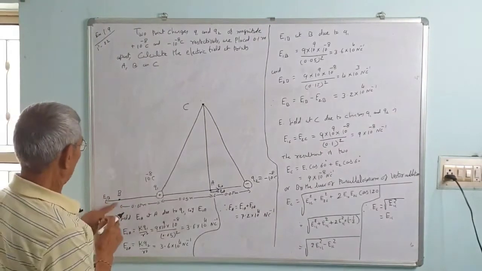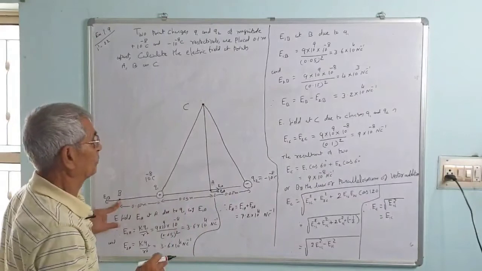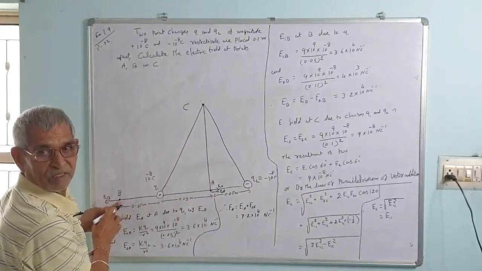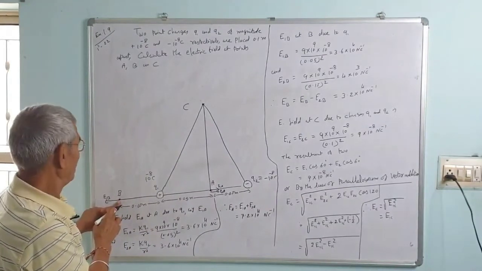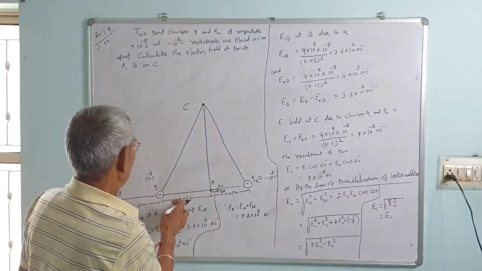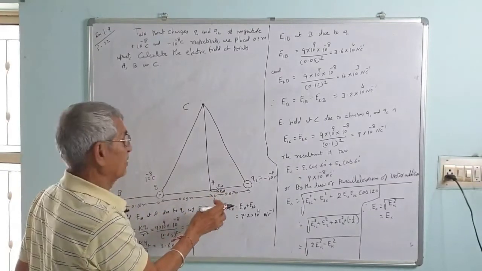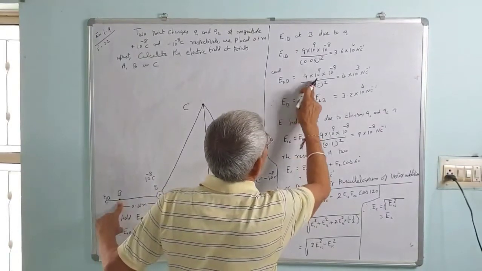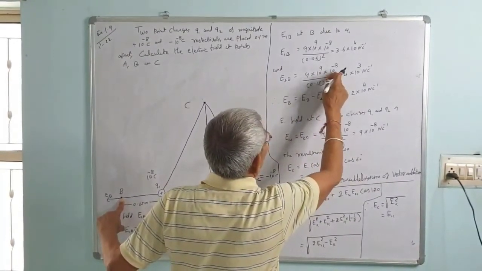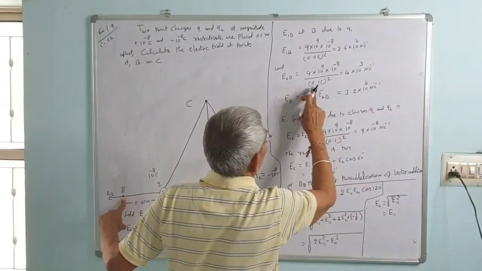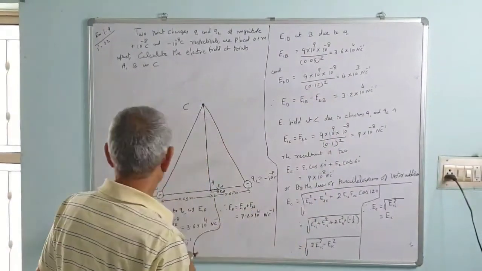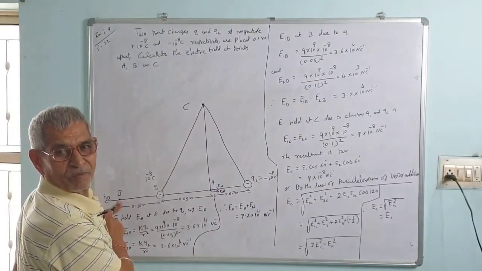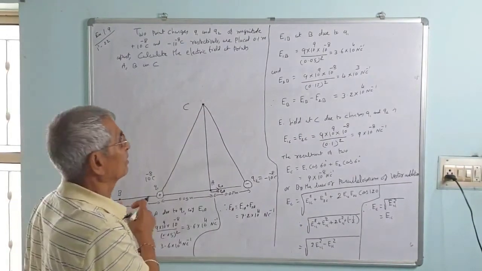Now what is the field due to the minus charge Q2? The only difference is in the distance. The distance is 0.05 plus 0.05 plus 0.05, that is 0.15, same formula kQ upon r square. E2B is equal to 9 times 10 to the power 9 multiplied by 9 times 10 to the power minus 8 coulomb upon 0.15 square. Now you see, this is 3 times the distance, so the force will be 1/9. Others are the same.